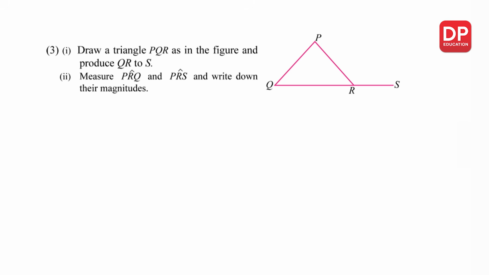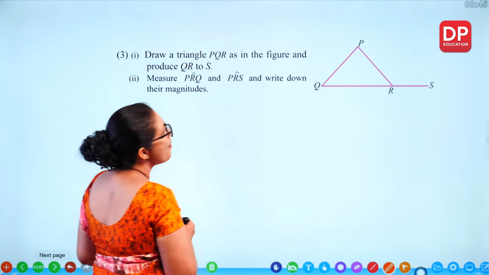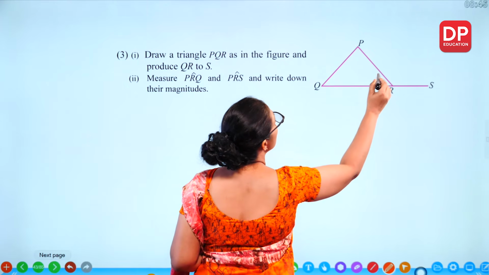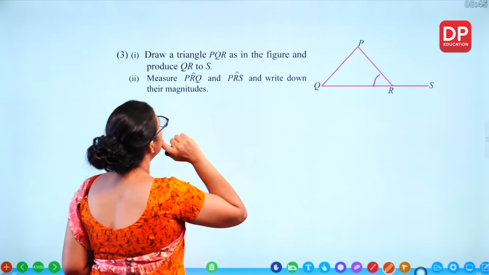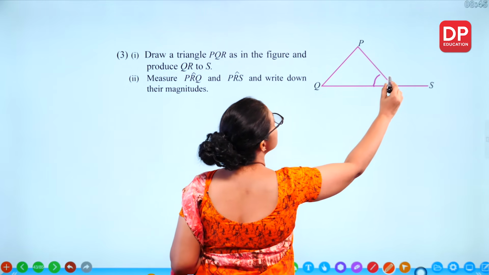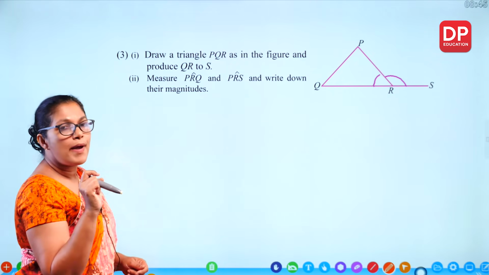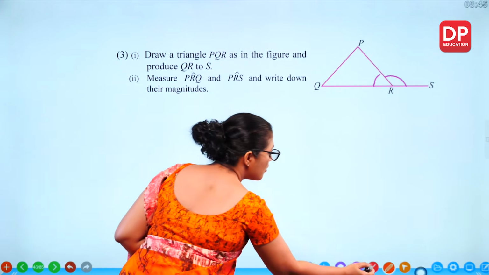Draw a triangle PQR as in the figure and produce QR to S. Measure PRQ, PRQ angle, this angle. And PRS, PRS, these two. And write down their magnitudes. So we'll draw the triangle.